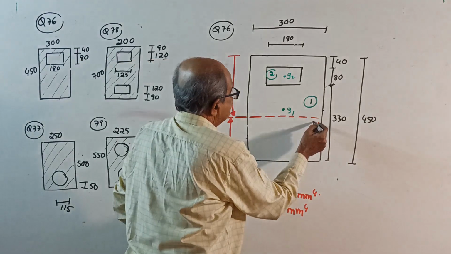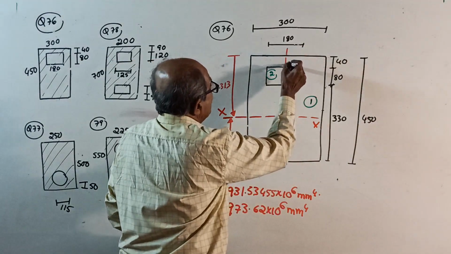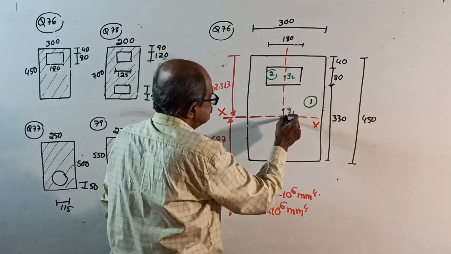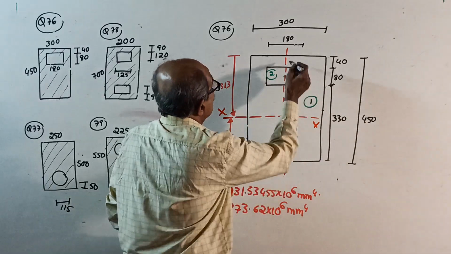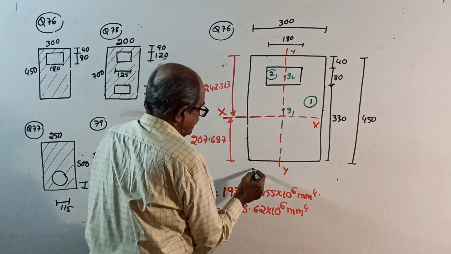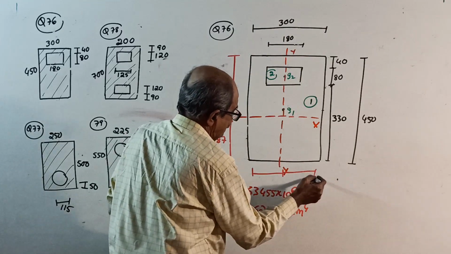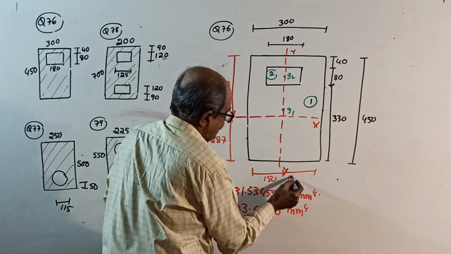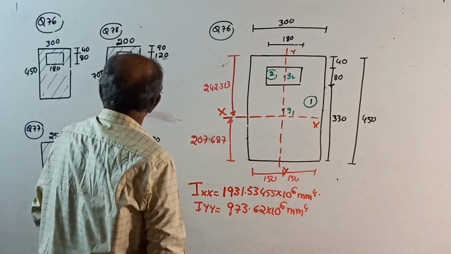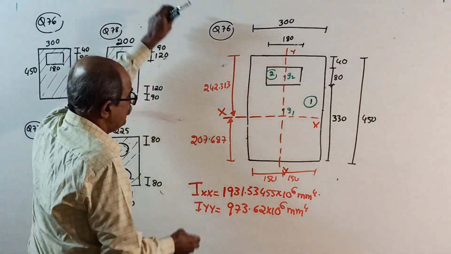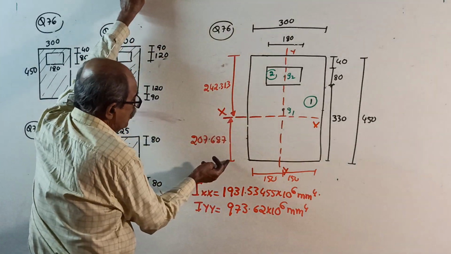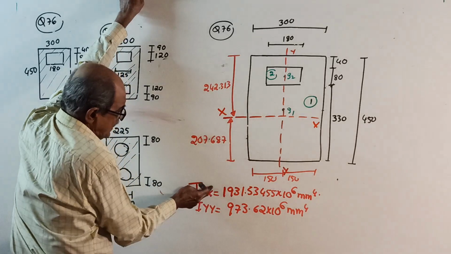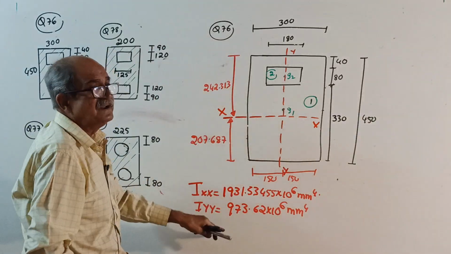YY I will directly locate. Distance you write. If it is 300, you write here 150 and 150. Therefore, now see Y bar, if you do from bottom, you will get 207.687. IXX, IYY. This time I wrote the answer.